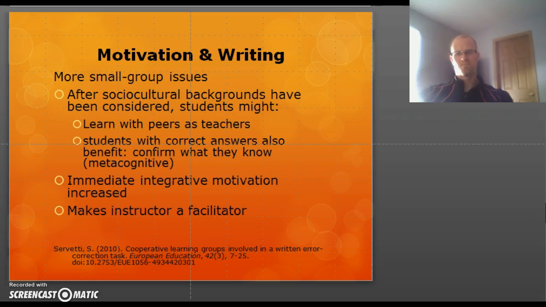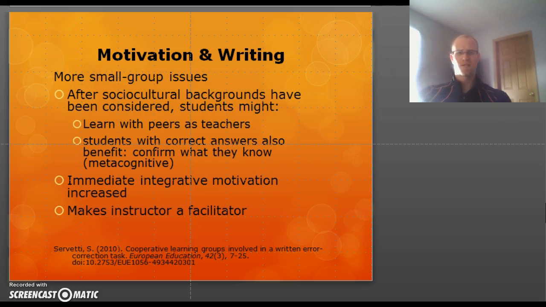If it's done correctly, peer review can allow the students to be teachers, and it also allows the students with the answers to benefit because it allows them to confirm what they know. So this increases the metacognitive value of what is being learned.